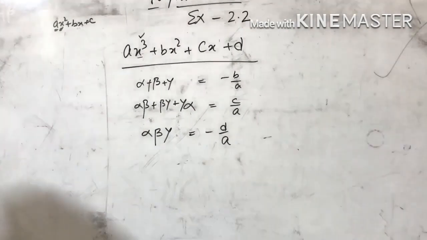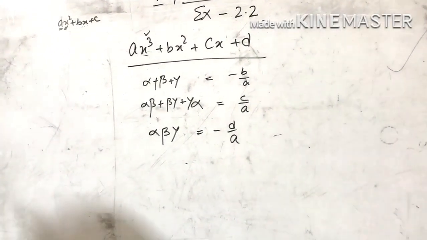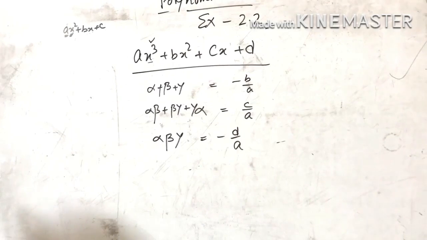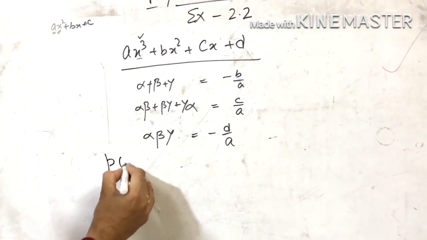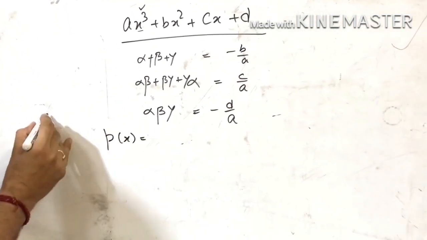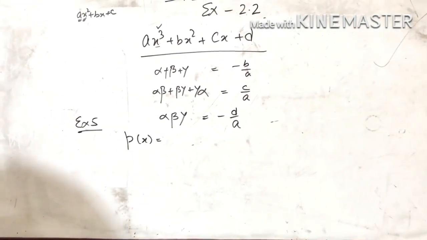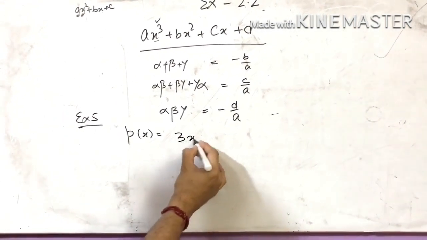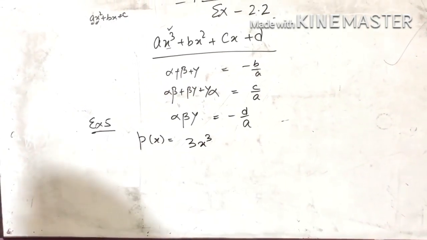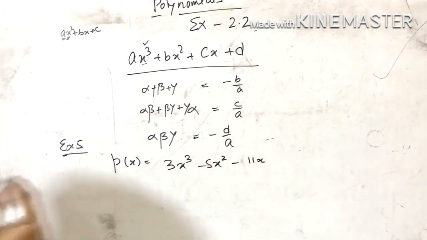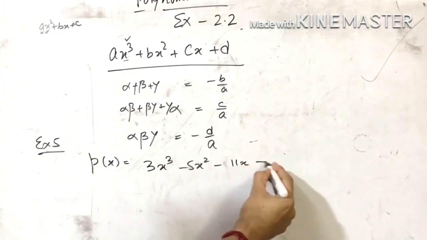So there is example number 5, where it is written that you have to prove that 3, minus 1, and minus 1 by 3 are zeros of the given polynomial. First of all we will see what the polynomial is. This is example number 5. The polynomial is 3x cube minus 5x square minus 11x minus 3.